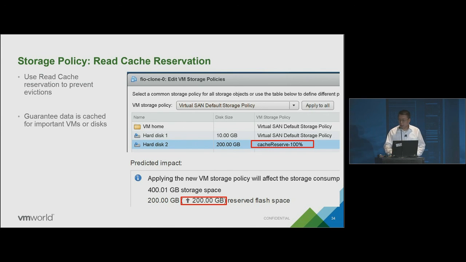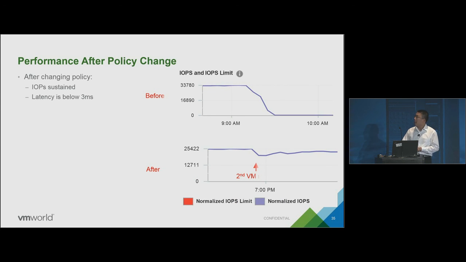After doing this, we come back to check the workload performance from the virtual machine view. With the second VM read starting at a similar time, we observed that the high IOPs of the virtual machine is sustained, even if the second VM read is present.